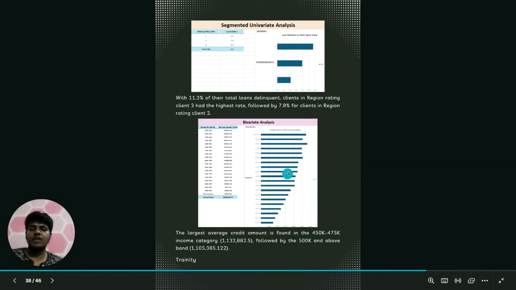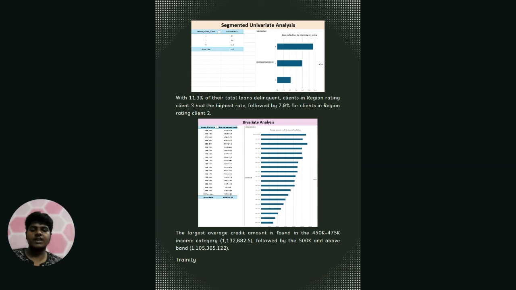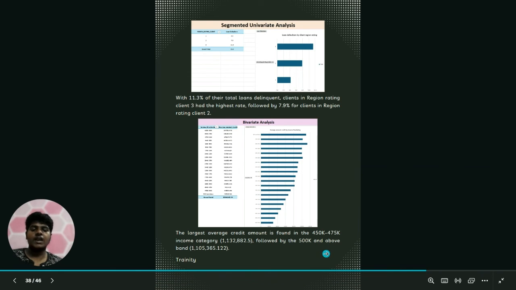When it comes to the bivariate analysis, the largest average credit amount is found in the range of 4,50,000 to 4,75,000 in the income category, followed by 5 lakh and above.